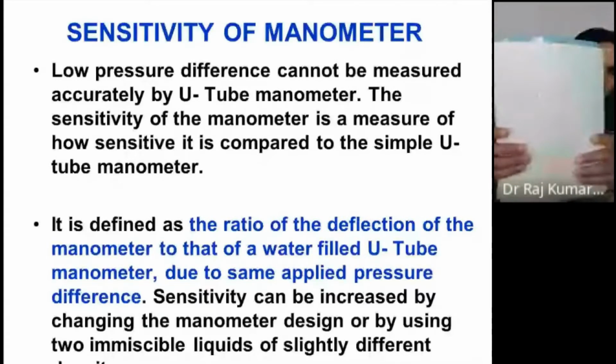So you have two pressures. You want to measure the pressure delta P. First we have taken fluid 1, whose density is rho 1. Corresponding to this, you will have some height h1, right? So delta P equals rho 1 g h1. Now you have changed the fluid. So delta P is the same again, rho 2 g h2.